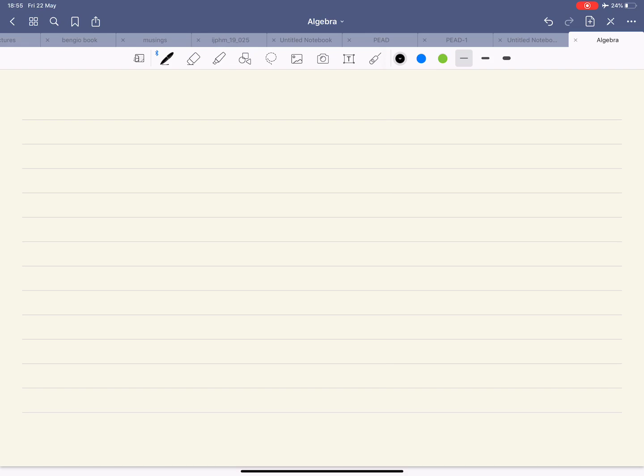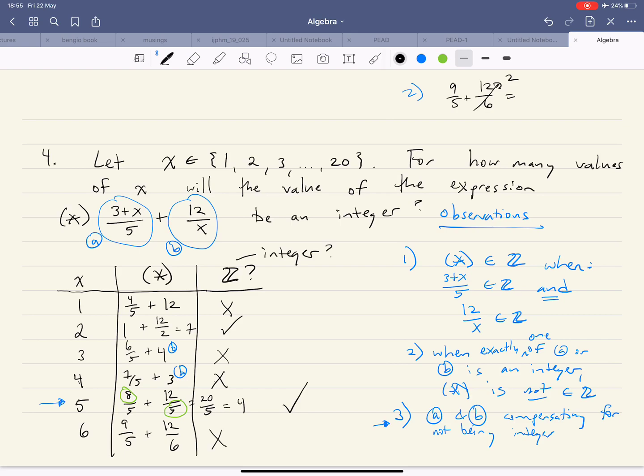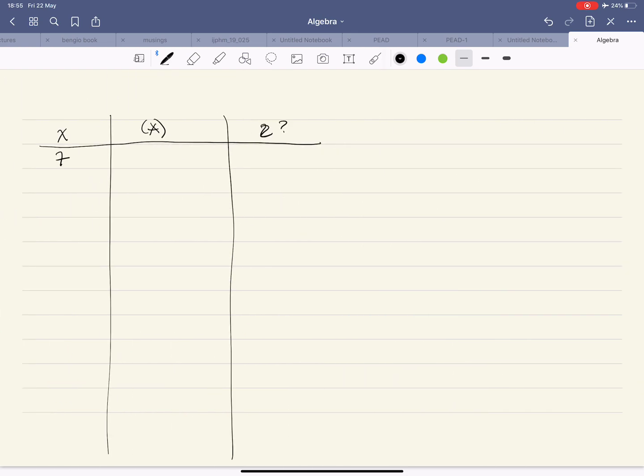So now we're going to have x here. We have star here. Our integer check. And we're on 7. I believe, yes, 7. Let me write the expression so we are reminded: (3 plus x)/5 plus 12/x.